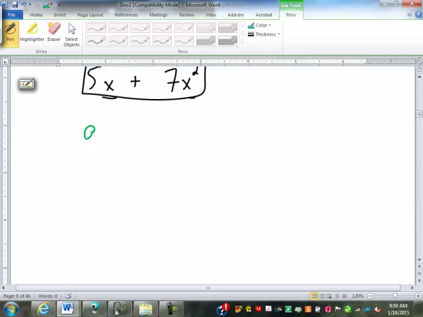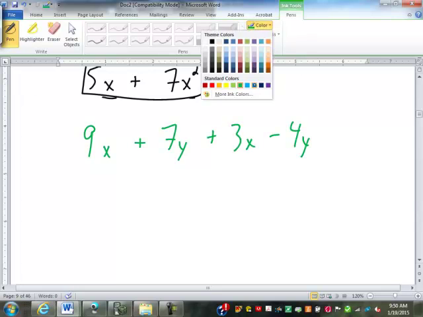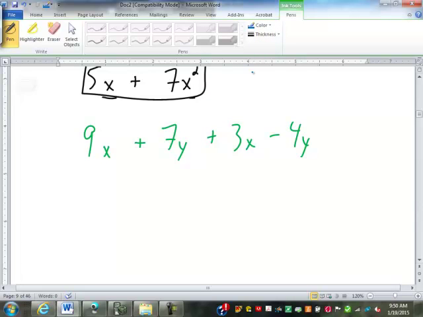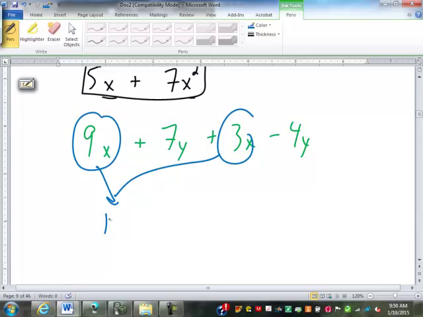however, we may run into things like 9x plus 7y plus 3x minus 4y. Now, even though there are different names here, there are still some things we can combine. We have 9x and 3x, which can combine to make 12x. 9 plus 3 is 12. X stays x.